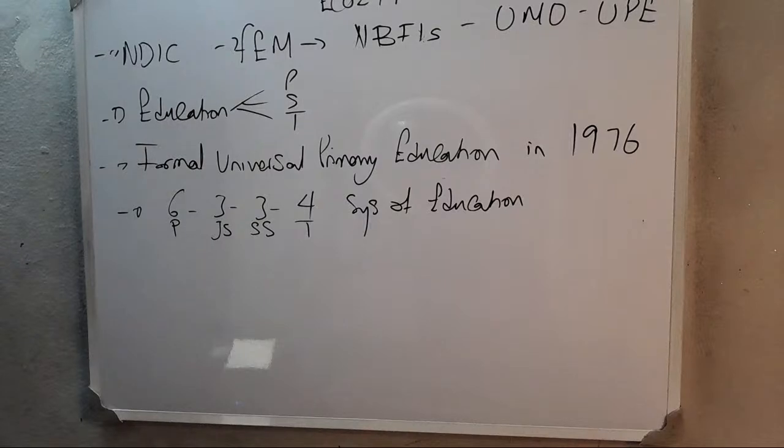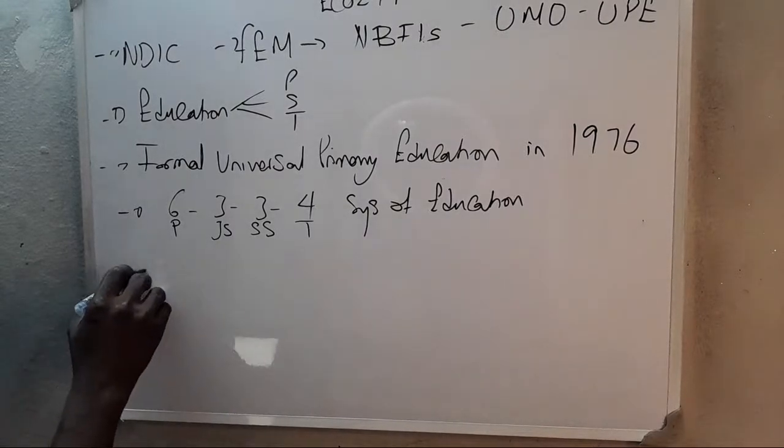Okay, so now presently the adoption of universal basic education has changed the educational system, and it is now more of 9-3-4.